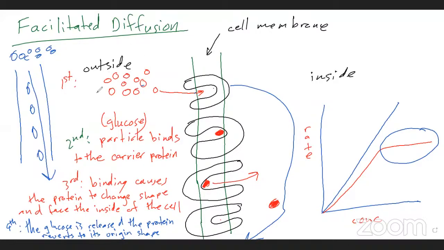What did we say with active transport? It is moving from where? High to low or low to high? Low to high. All right, so the only thing we're going to adjust is the amount on the outside. So let's put about three on the outside and then a lot on the inside.